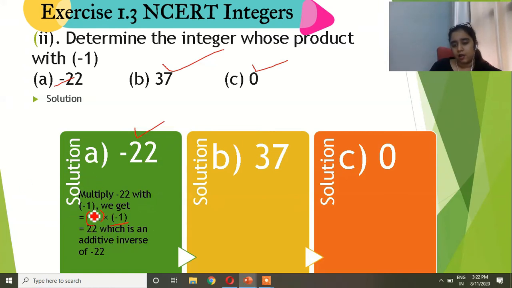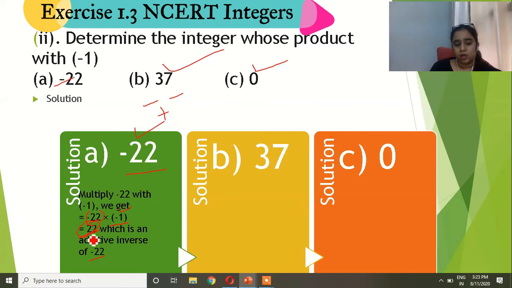Here I will apply the rule of multiplication: one number is negative, that is -22, and the other number is also negative, and if both numbers are negative, the sign of the answer is positive. So I will get the answer 22, that is +22. So you see that our question is -22 and our answer is 22. So 22 is the additive inverse of -22.